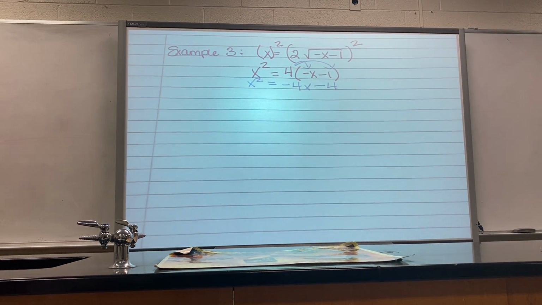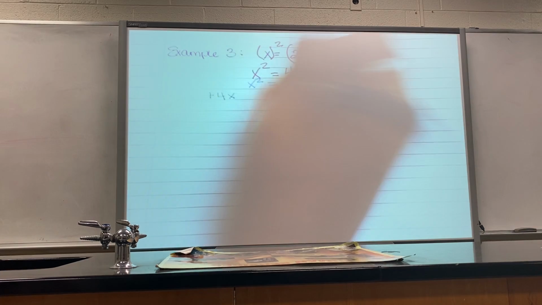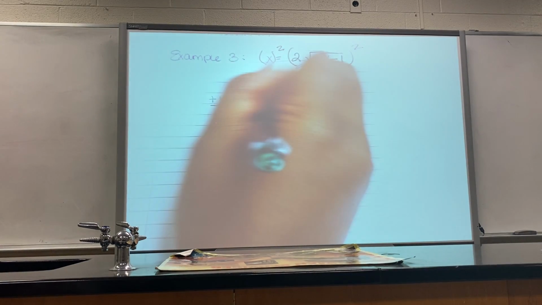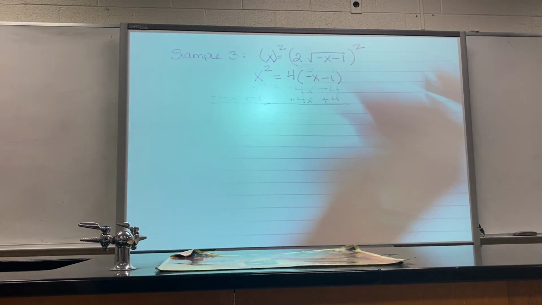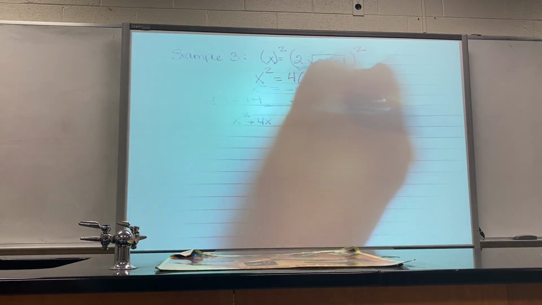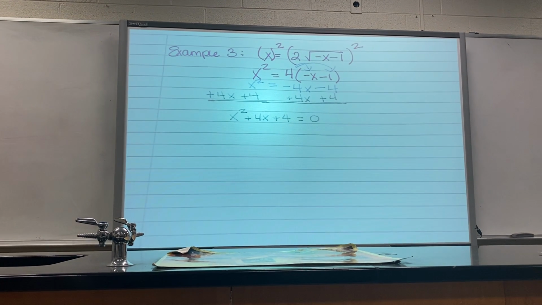So I'm going to take everything from the right side and add it to the left. So I'm going to add 4x, and I'm going to add 4. So I have x squared plus 4x plus 4 is equal to 0.